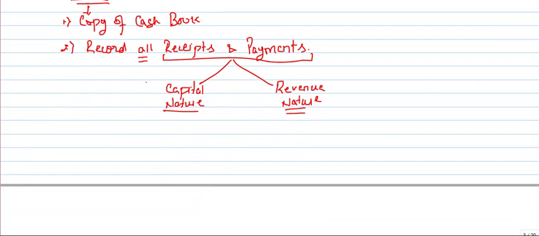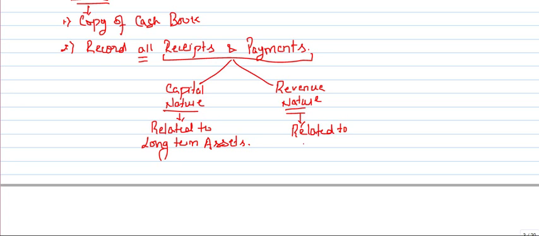If we talk about the capital nature, this is receipts and payments related to long-term assets, right? And if we talk about the revenue nature, this is related to day-to-day activities, right?